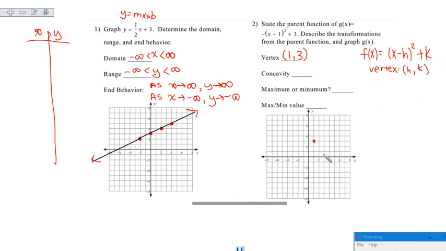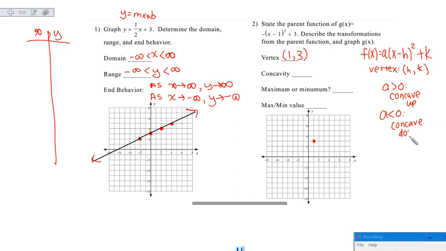Okay, in this form, something I should have added on is you can have an a value in front. When that a value is bigger than 0, we say the graph is concave up. When it is less than 0, we say the graph is concave down.